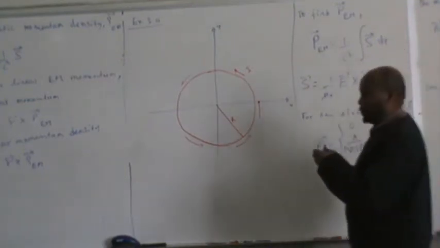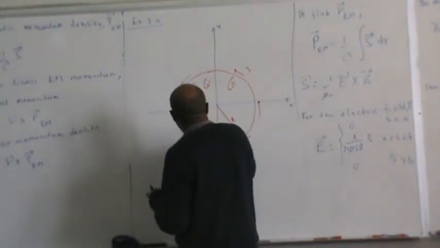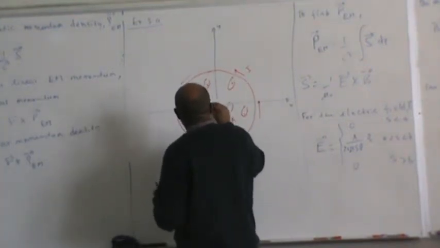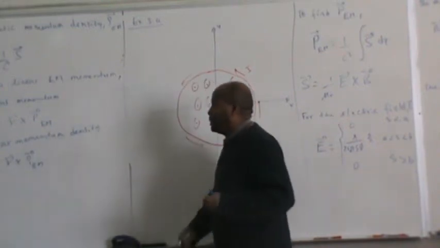Towards you. I can show that magnetic field with that. That's B.